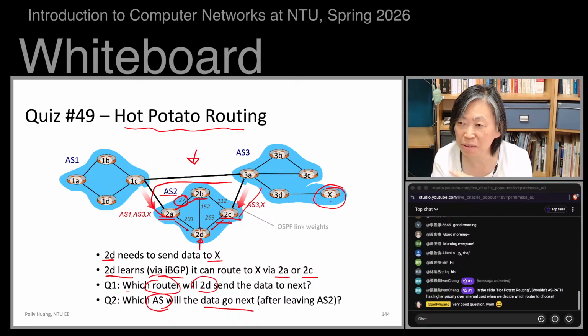So let's go to week 15 quiz 49. I see you guys doing it already, but let Polly configure. So guys, you have 2 more minutes. Let me play the music there. You guys work on it, and Polly needs to fix the Stream Deck setting here.